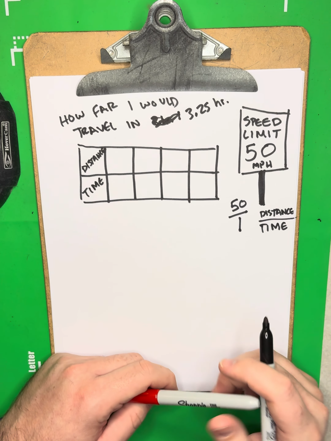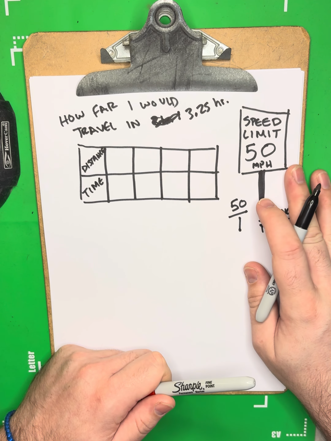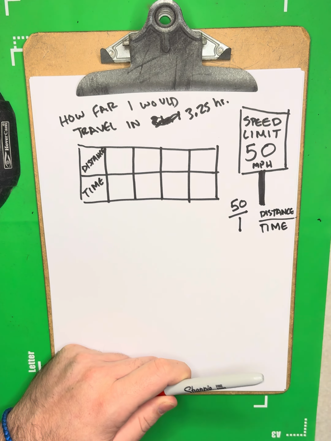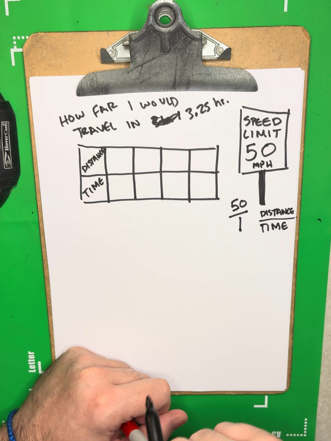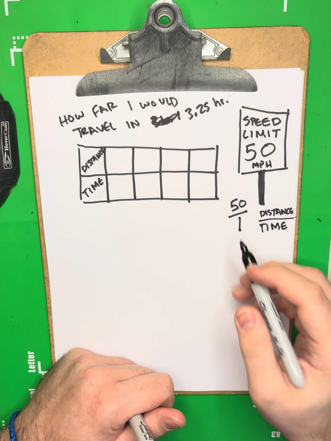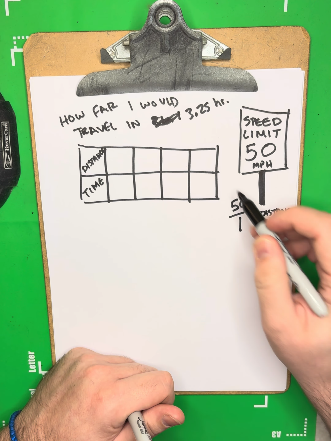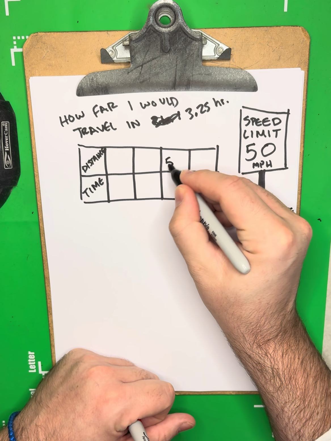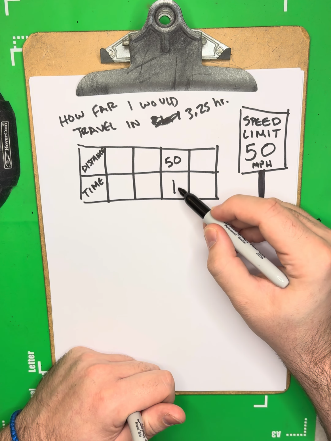This blends a little bit of our proportions, ratios, and also converting decimals to fractions, breaking down things like time. So let's figure this out. If our ratio is 50 to 1, and I'm trying to figure out 3 hours, I need to figure out this smallest increment here. So I put 50 over 1.